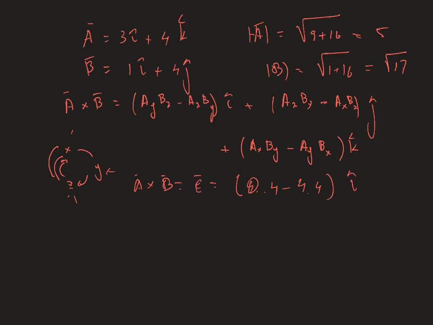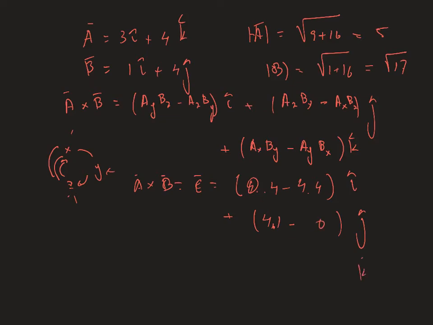So this is the vector C plus something in the direction of J. The direction of J is this one: AZ·BX minus AX·BZ. AZ is 4, BX is 1, so it will be 4 by 1, minus AX·BZ. AX is 3, BZ is 0, minus 0.